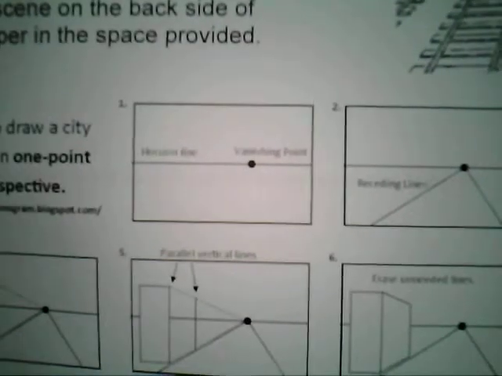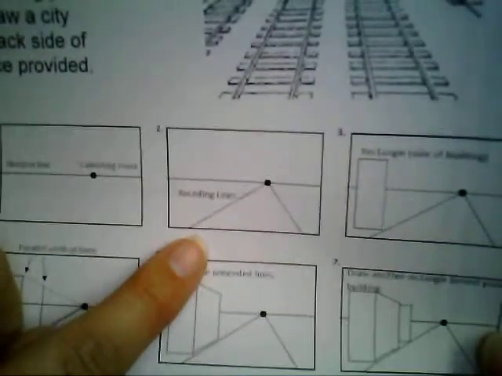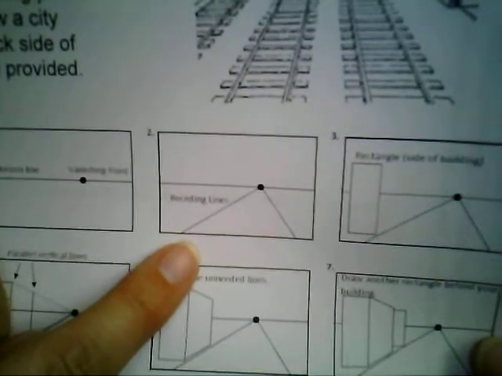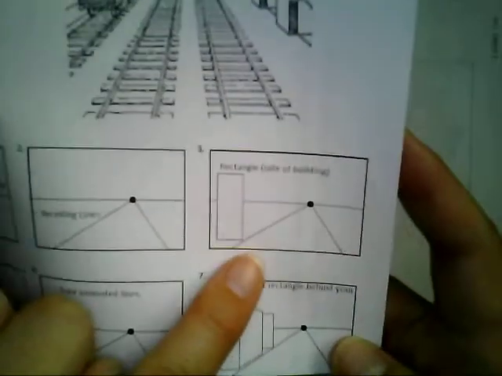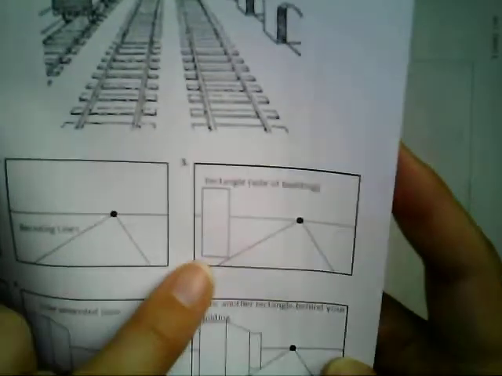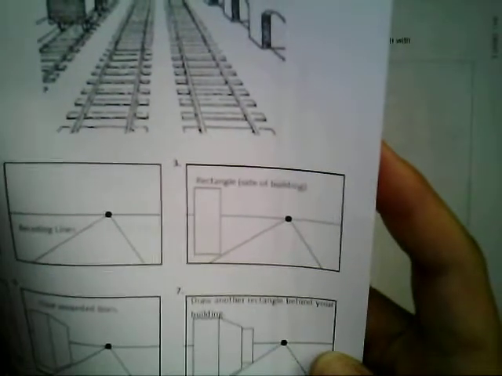So I'm going to show you this picture. You see how on the first one we have the horizon line and the vanishing point right here on this one, right? Then the next step is we're going to do the receding lines, which are going to represent our sidewalk or our street. And then we're going to draw the rectangle. This is the side that's facing us.